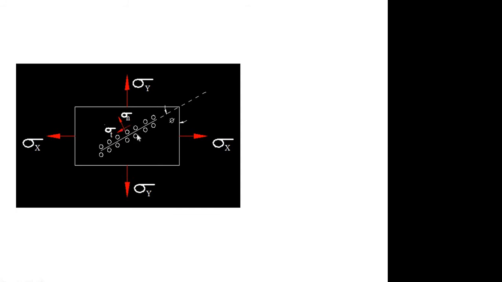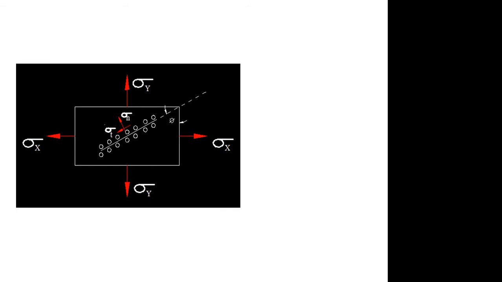What happens when sigma n acts on a plane? It is more like a tensile stress. Assume we have different molecules or different grains over here. The sigma n tries to pull the material apart, that is, it tries to move it away, more like a tensile stress.